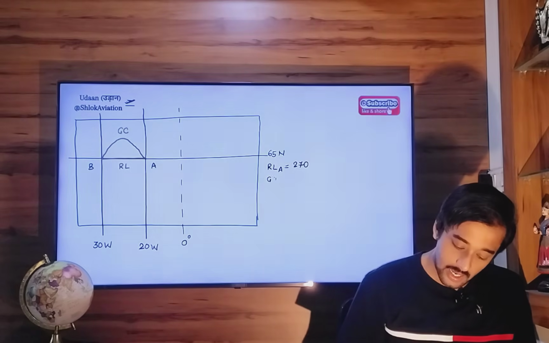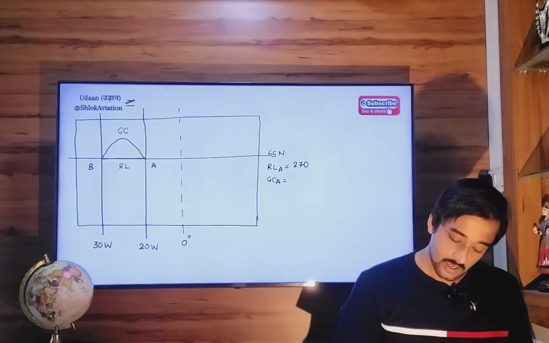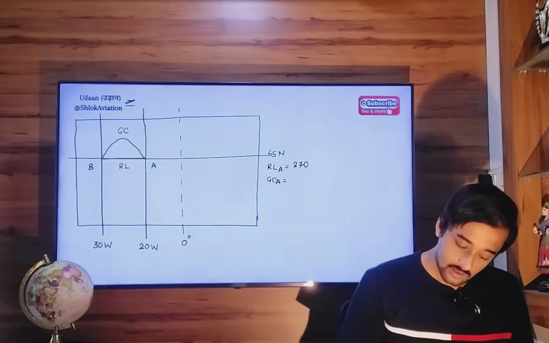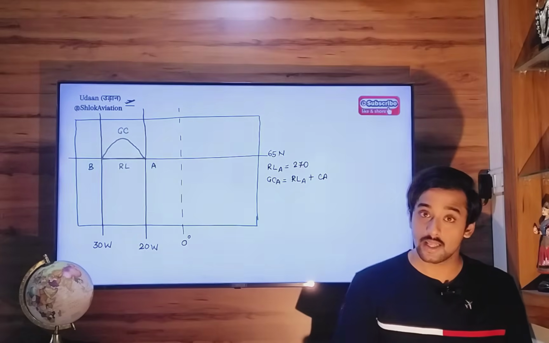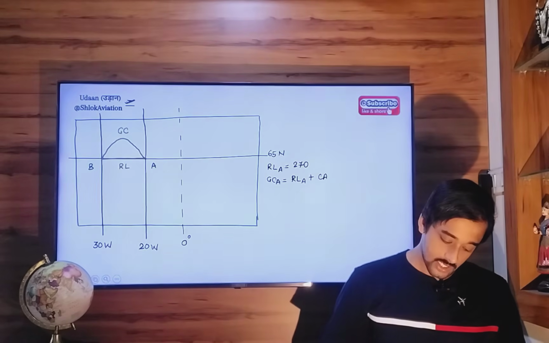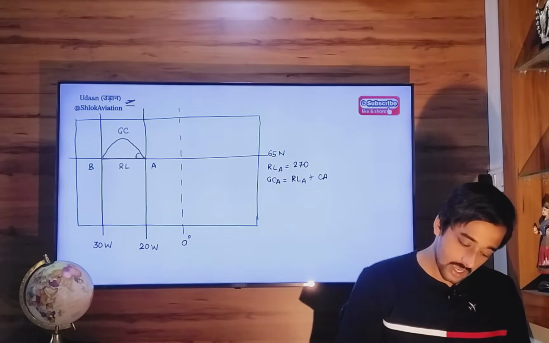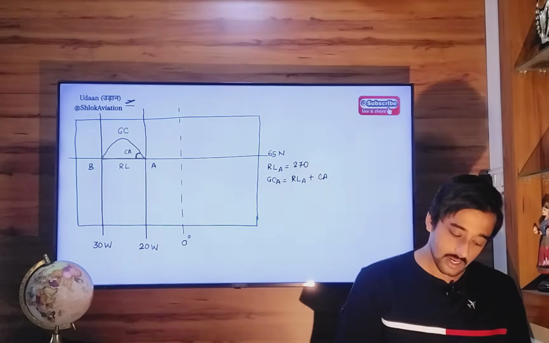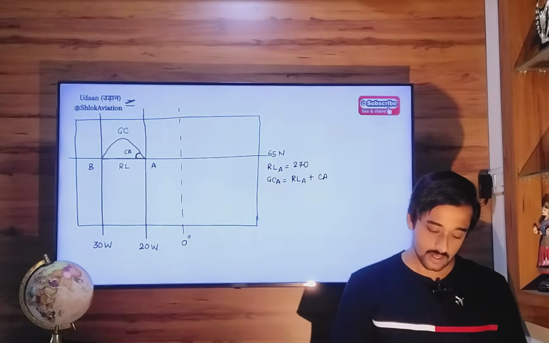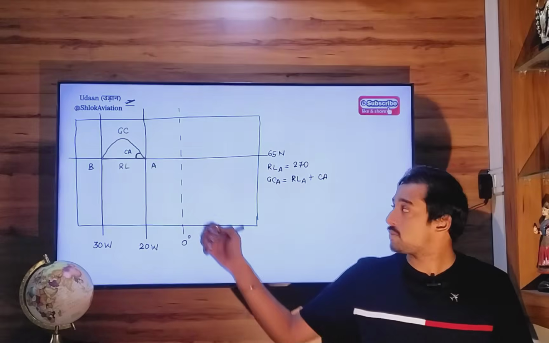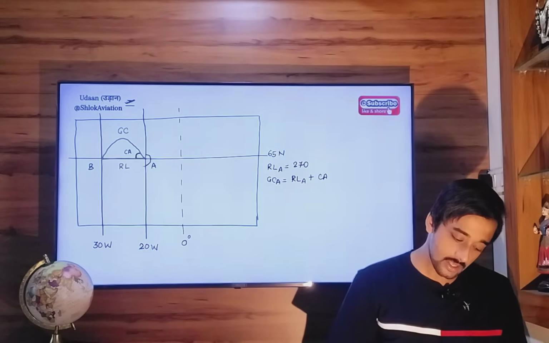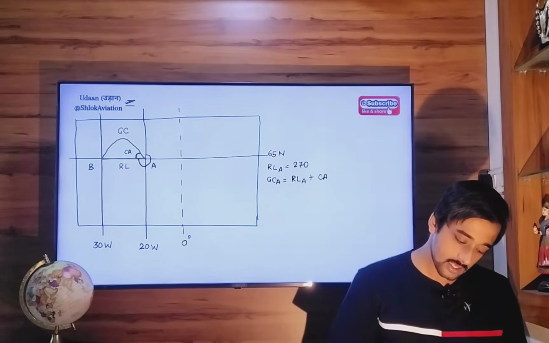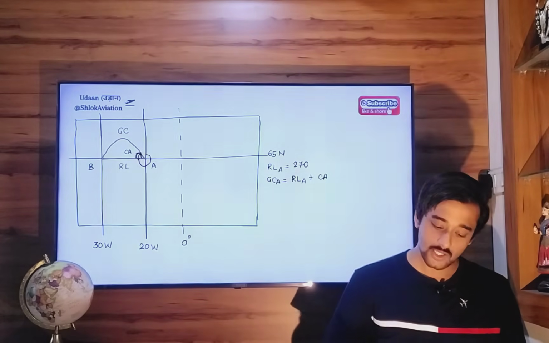So great circle track at A will be rhumb line track at A plus convergency angle. What is convergency angle? This is the convergency angle, the angle between great circle track and rhumb line track. So this great circle is made up of two things, this rhumb line and additionally this convergency angle. So that's why we will add that.